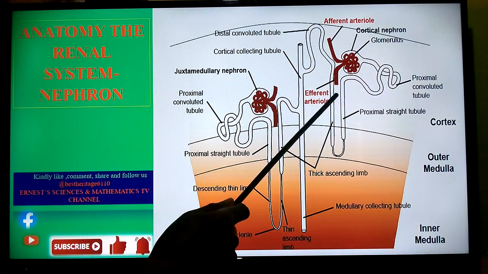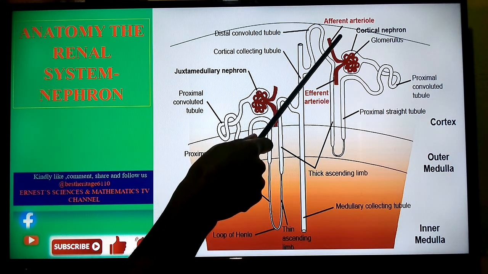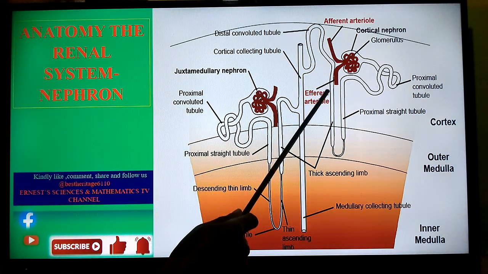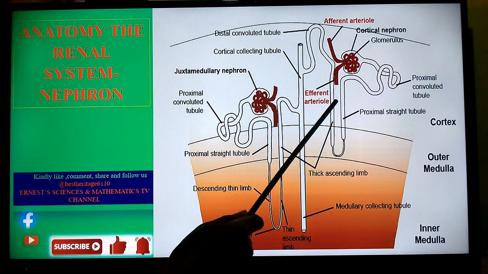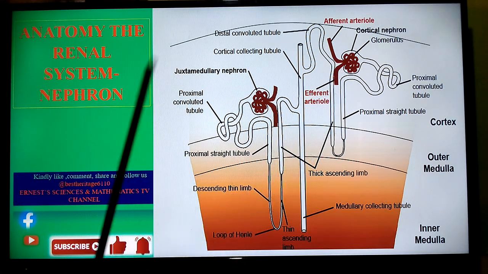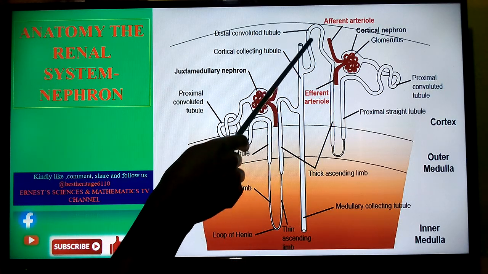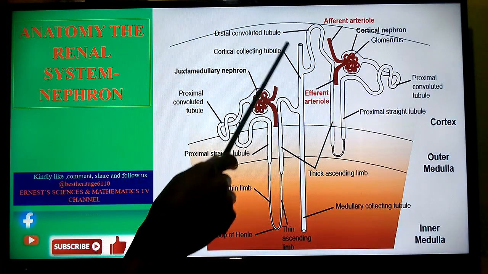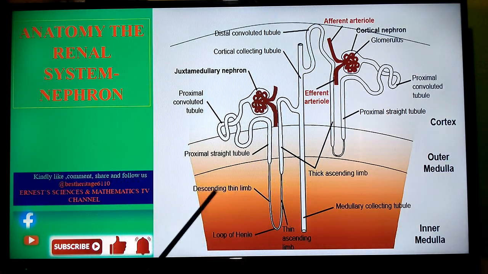Now, the afferent arteriole that I mentioned earlier takes blood into the kidney's nephron, and the efferent arteriole takes blood out of this nephron after the process of ultrafiltration that we are going to see later. Now, I'm going to mention other different parts: the distal convoluted tubule and cortical collecting tubules, and the loop of Henle, descending part and ascending part.